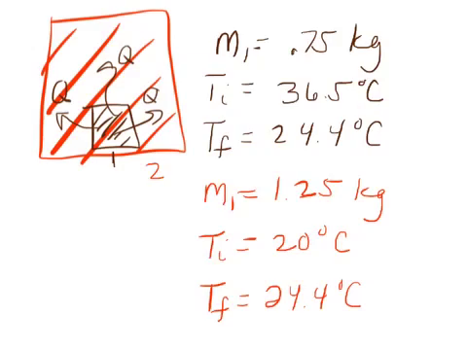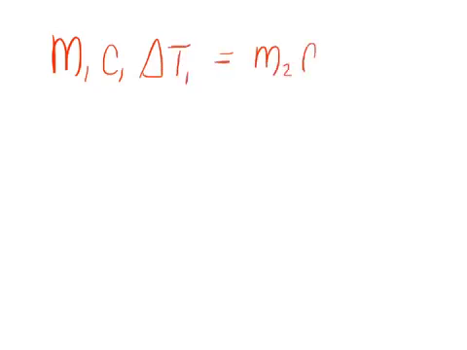Now, the specific heat capacity of water is published, and we can look that value up. But just to recognize that we're going to need it, let's take a look at what our equation looks like now. So our equation is the following. M1 C1 delta T1 equals M2 C2 delta T2. And again, why is this true?